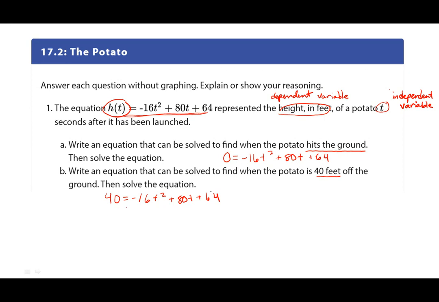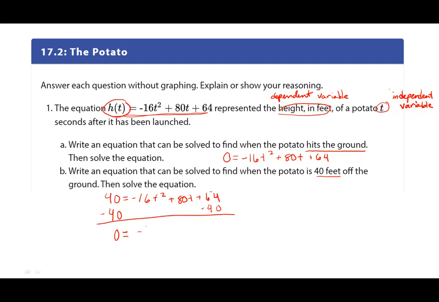Something important to know, if we look at this, it isn't in standard form because this isn't set equal to 0. So in order to use our quadratic formula, we want to make sure that we get it set equal to 0. And we can do that by subtracting 40. But in order to keep our equation balanced, we have to do that same operation on the other side of the equation as well.